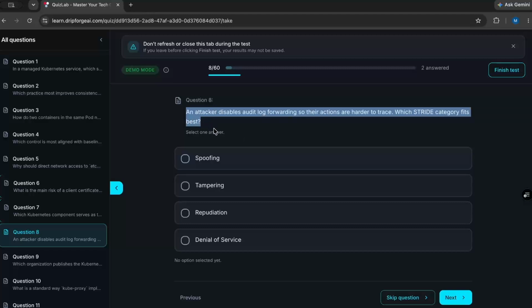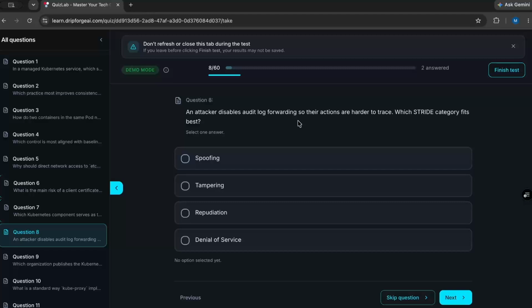The next question is question number 8. It is going to be: an attacker disables audit log forwarding. You have to read it slowly, because if English is not your first language, as it's not mine, you have to take your time reading the question. Otherwise, you would feel like it's very wordy.